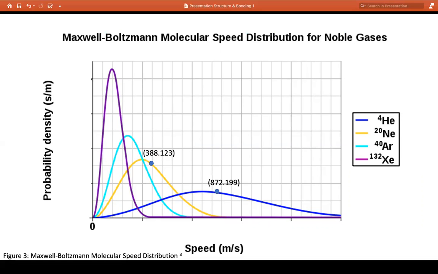As we calculated URMS, their values are here, as you can see on the picture of the dots. The neon gas is the yellow one, so its speed is closer to 0, while the helium gas speed is bigger, so it's more spread out. You can see the peaks are quite different.